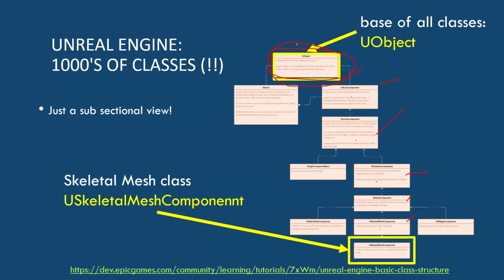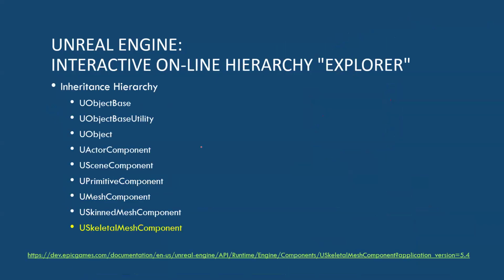So maybe every object has an ID and a destructor, but then they specialize it for actors or scene components and whatnot, right? Lights, animation modules, all the things that you might see in a 3D game or simulated environment. Okay. So you can click into that and see that. You can also just click in, and this shows you how important class structure is.